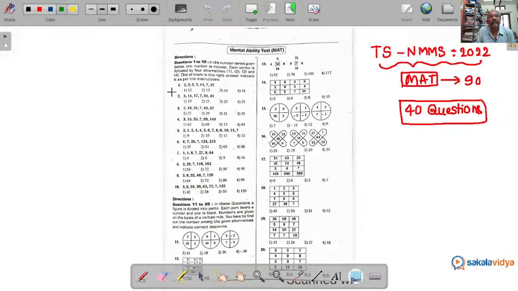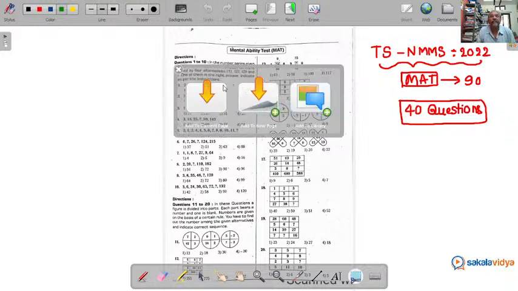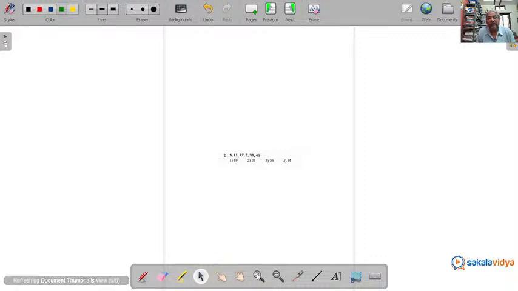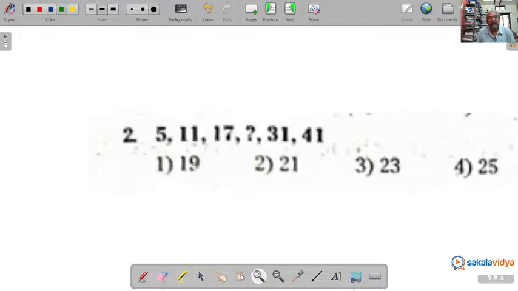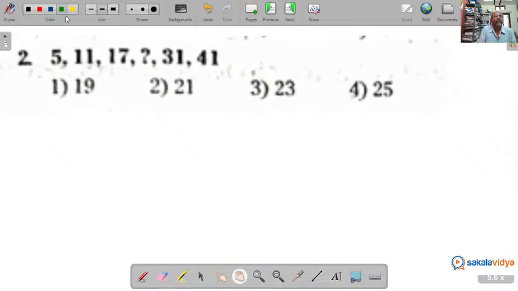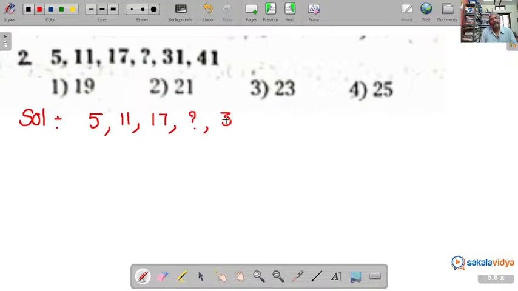This is the second question. Let me rewrite the question once again: 5, 11, 17, question mark, 31 and 41.